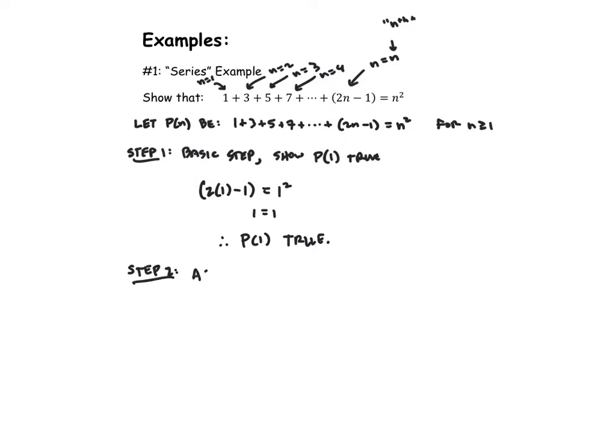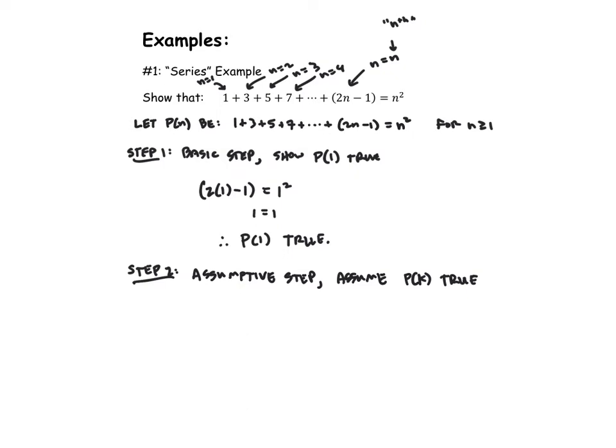Step 2 we call the assumptive step. In step 2, since we've already shown it's true for one value, we assume that P of k is true.